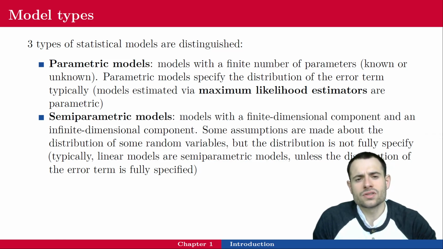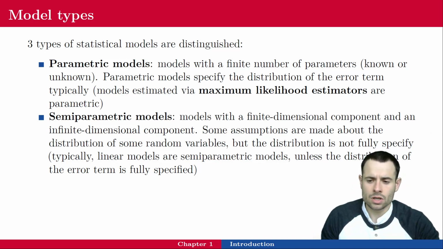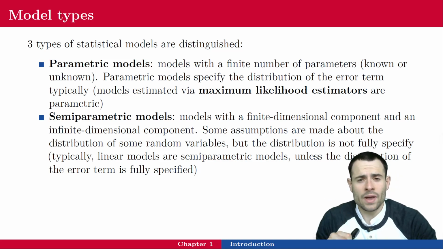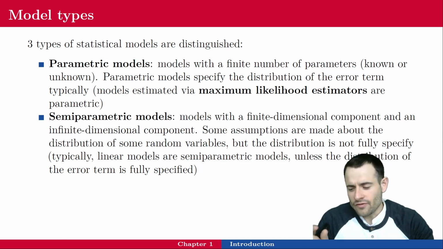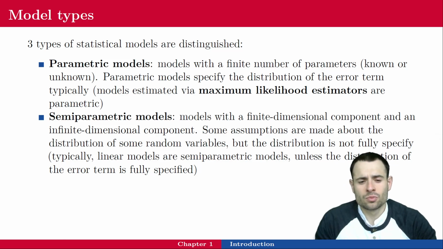Typically, in linear models, we have a set of parameters, beta 0, beta 1, and so on, but we do not assume anything about the distribution of epsilon, the error term. Sometimes we just say the error term on average is equal to 0. But many distributions have an average of 0. The fact that we don't specify the full distribution makes us deal with a semi-parametric model versus a fully parametric model.